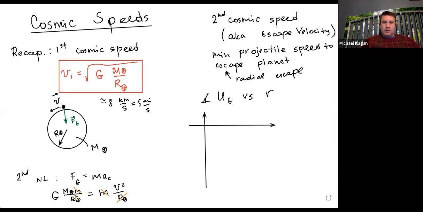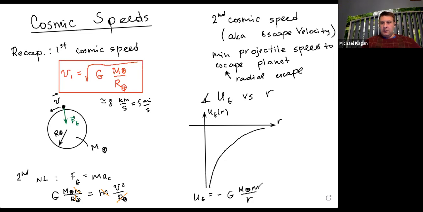You guys remember, it looks like an upside down or negative hyperbola. Right? UG equals minus G M Earth M over R. Folks, does that make sense? A quick way to check it: take the radial derivative, and you get the gravitational force. Right? Force is the negative derivative of potential energy.